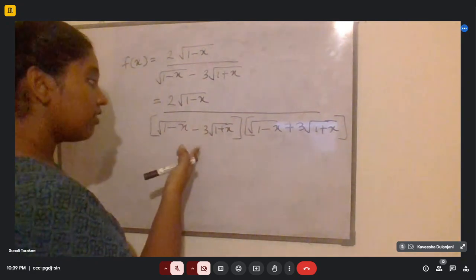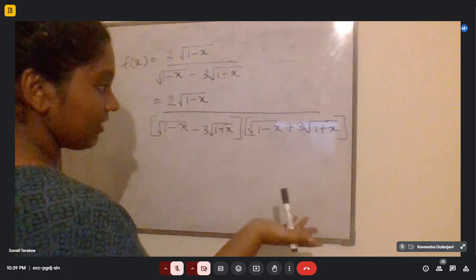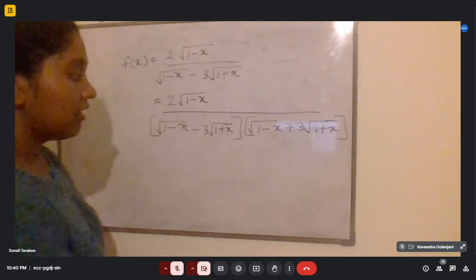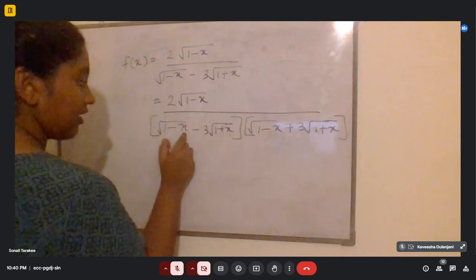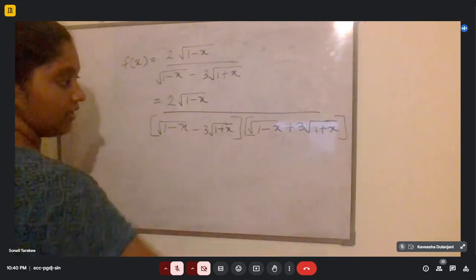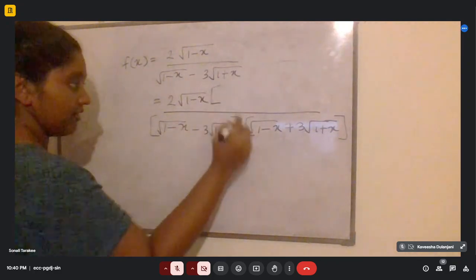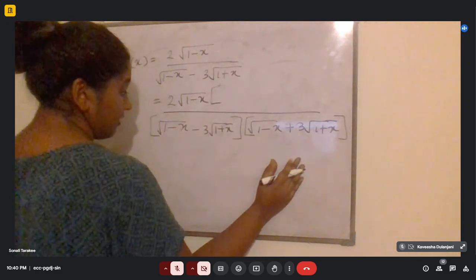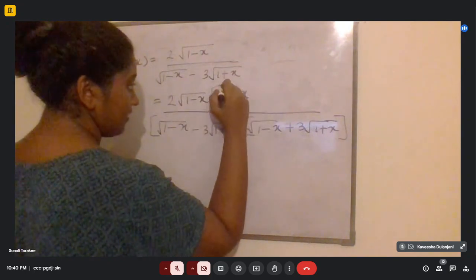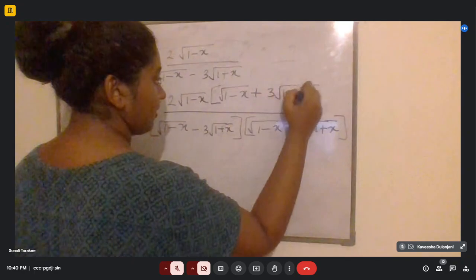Because now this is in the form a minus b. If I multiply it by a plus b, then you will get a square minus b square, so the squares will remove the square root, and that's what we want. That's why we multiply it like this. Then if you multiply it in the denominator, you have to multiply it in the numerator, square root of (1 minus x) plus 3 into square root of (1 plus x).